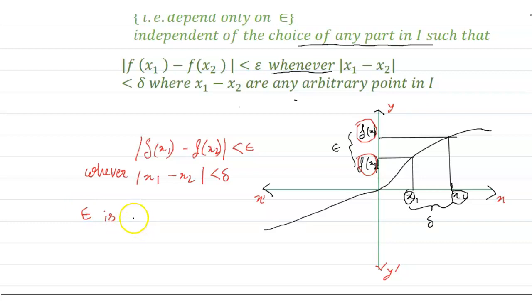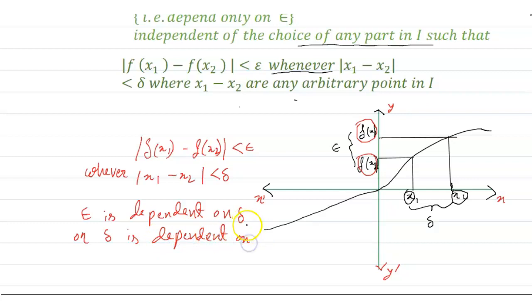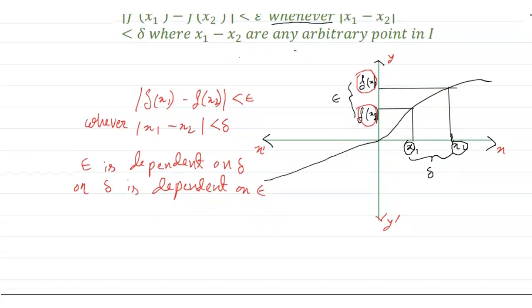Now you have to remember that epsilon is dependent on delta, or delta is dependent on epsilon. So friends, we know this is the condition.